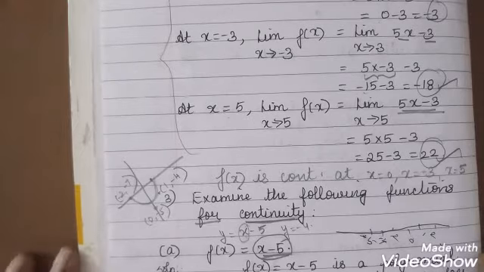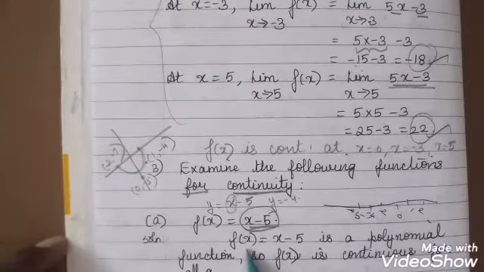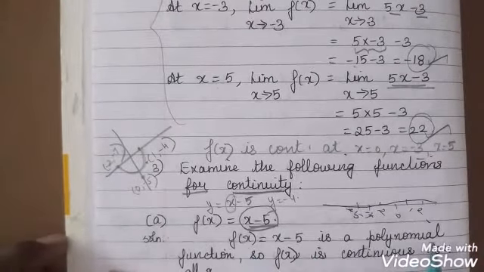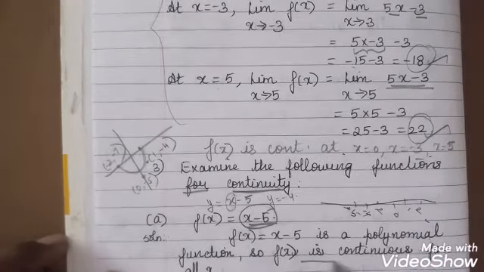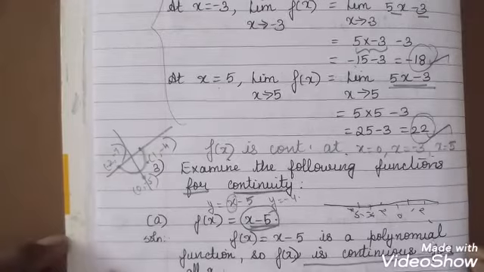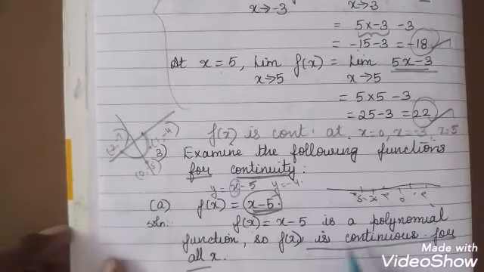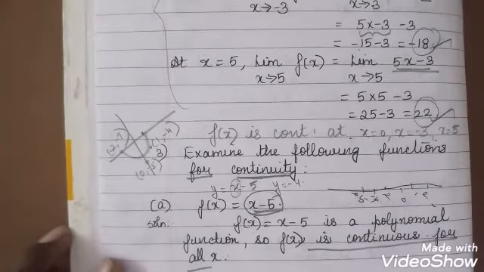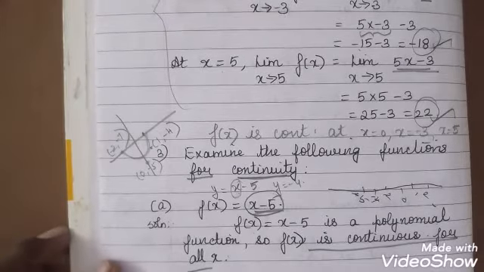You understood? So that's the reason I have written here f of x equal to x minus 5 is a polynomial function. Since it's a polynomial, it is said to be continuous for all values of x. So this is one advantage you have for a polynomial.